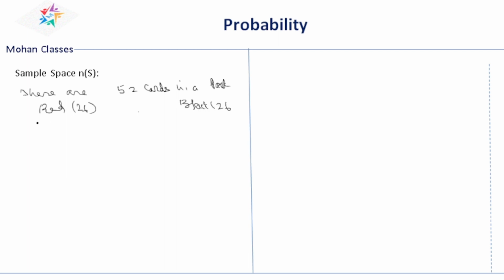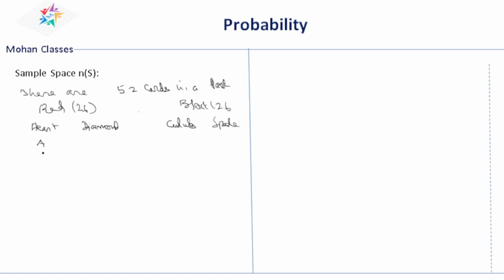In red, what do we have? Heart and diamond. In black, clubs and spade.